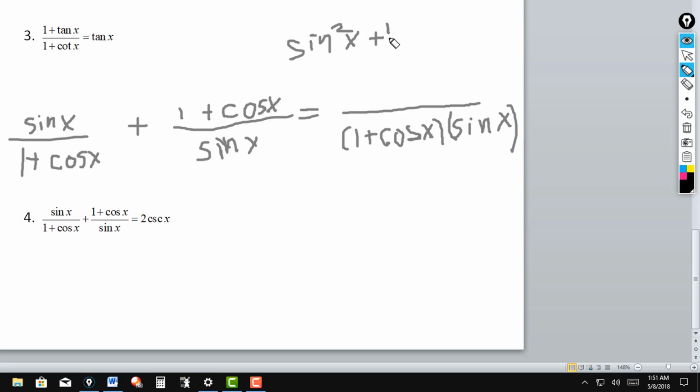So this will give me 1 plus 2 cosine x plus cosine squared x.